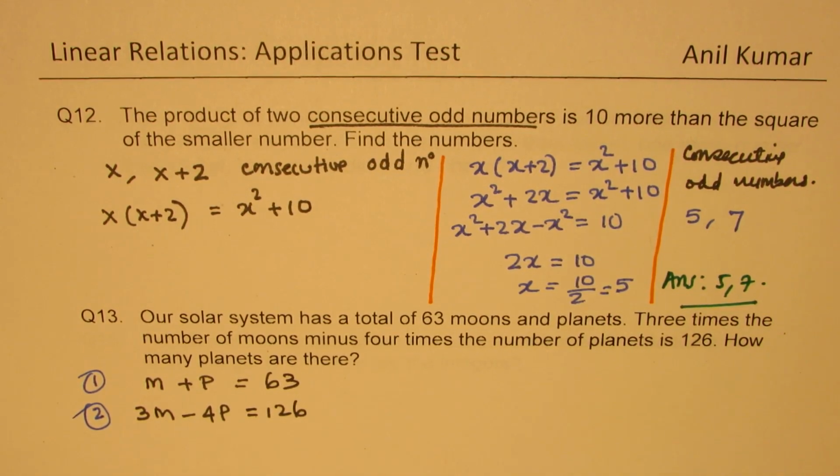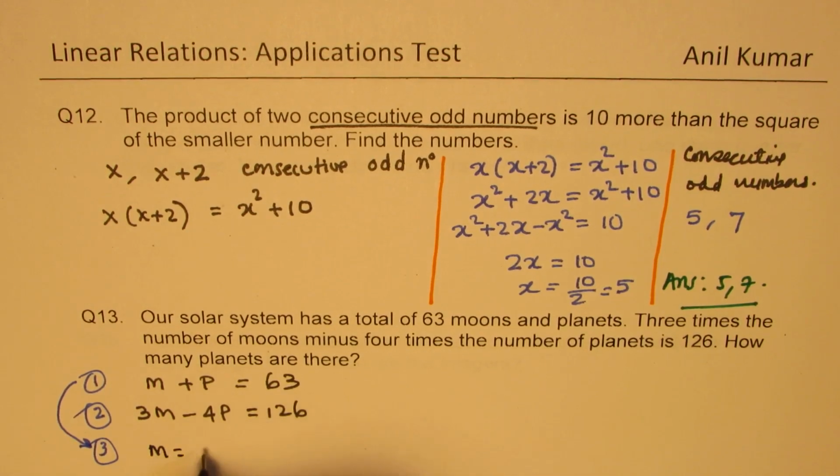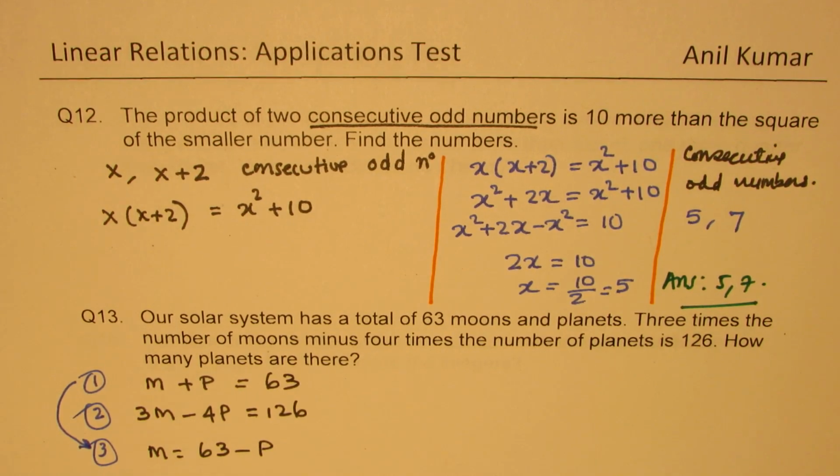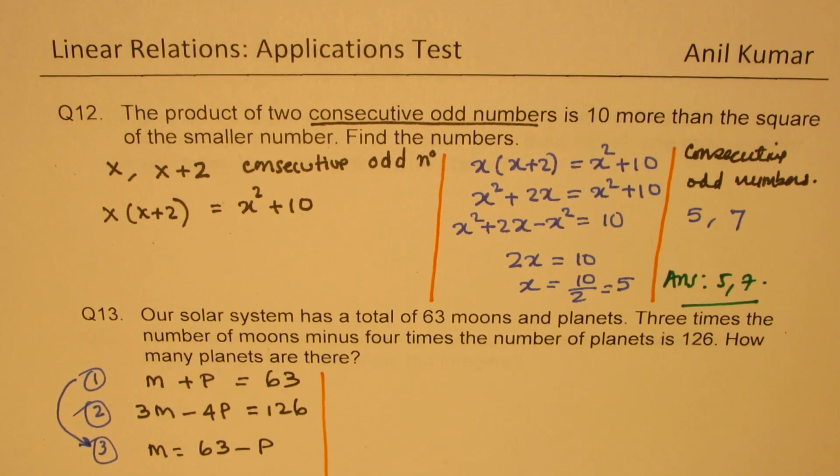Right. Now, what we can also do is rearrange here and write our equation number 3, which could be M equals 63 minus P. Now, that will help us to solve it. So, we'll use these 3 equations rather than 2 to solve.